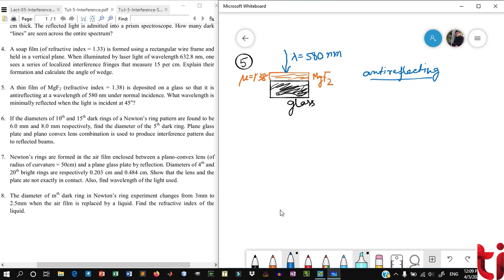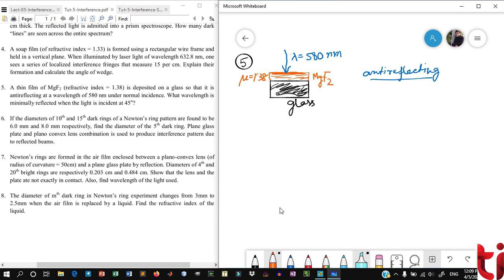So that is anti-reflecting. To make this MgF2 surface anti-reflecting, all the reflected light from this thin film must make a destructive interference on the surface here. If that is the case, then no light would come out of this surface.